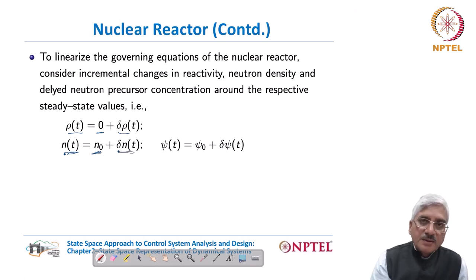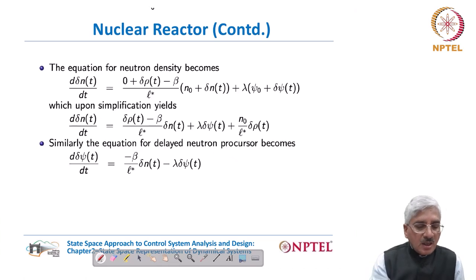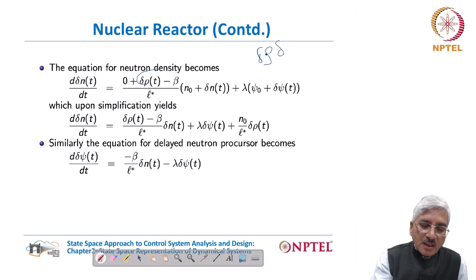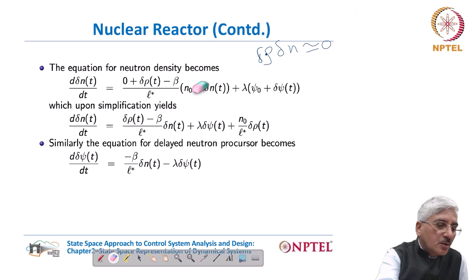The steady state of delayed neutron precursor concentration is psi 0, and the incremental change is delta psi. These we substitute and we manipulate the equations. We make one assumption, that the product of delta rho times delta n is approximately 0. These incremental changes are so small that their product can be ignored.